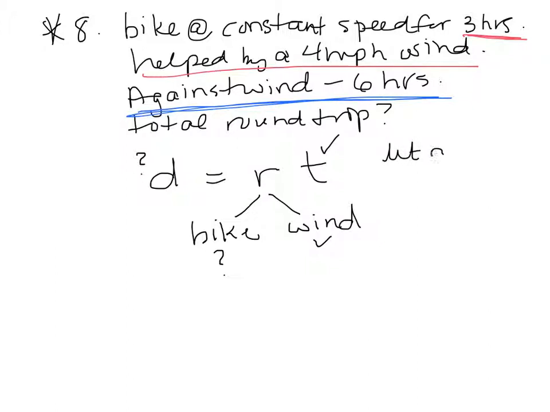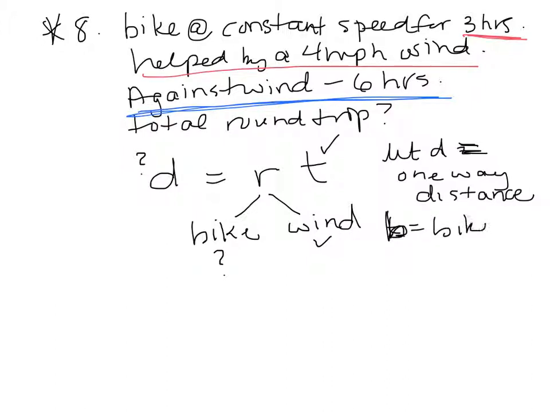So we'll let D equal, we're going to call it the one-way distance. And that's going to be important later. And we'll let B equal the bike speed.